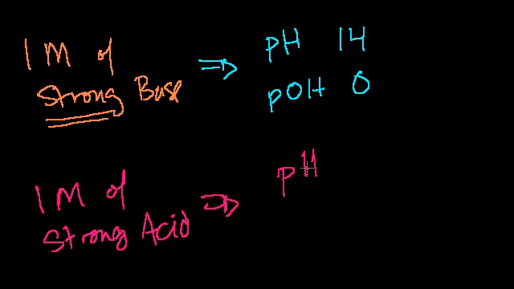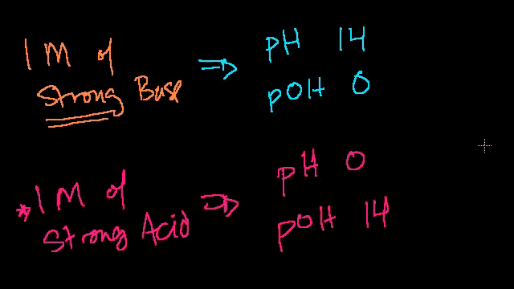It's a pH of 0 and a pOH of 14. And anyway, maybe in the next video I'll show you more. This might give you the impression that this is an absolute scale, that 0 is as acidic as you can get and 14 is as basic as you can get when you get to pH. But that's not the case. You can actually get above this or you can get below this. This was just when you had 1 molar of a strong acid.